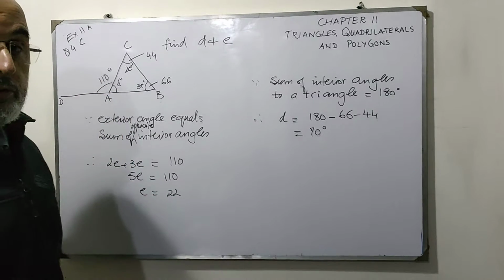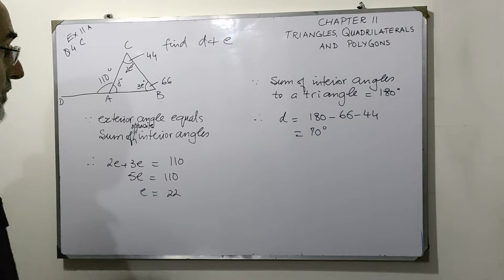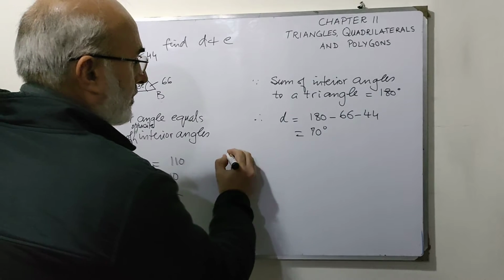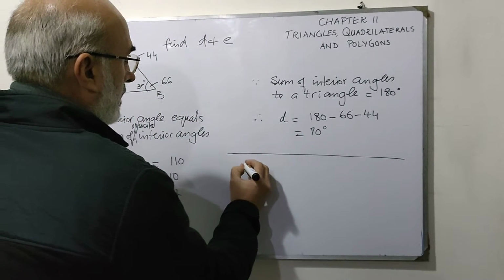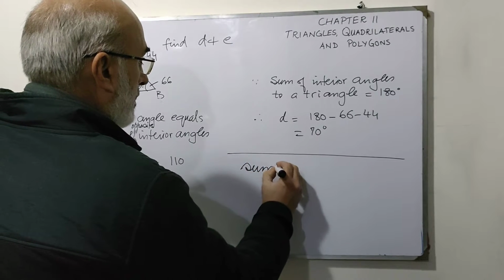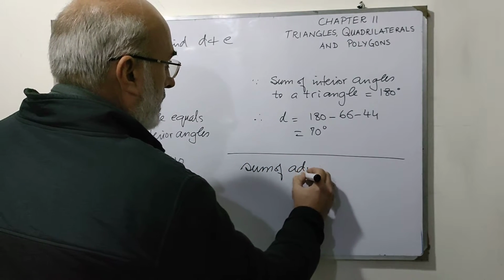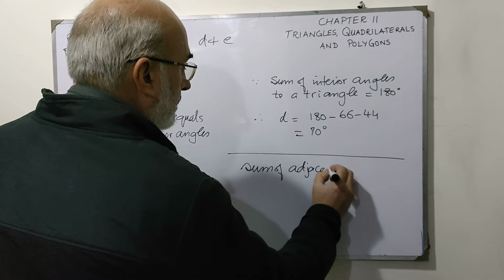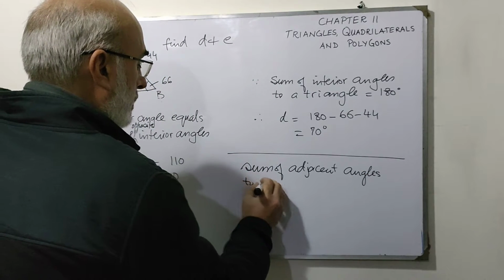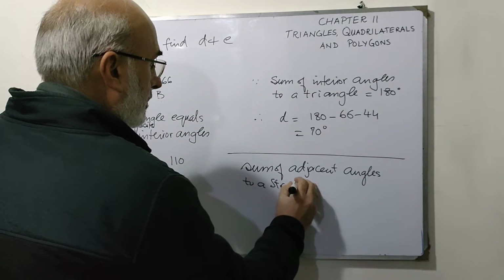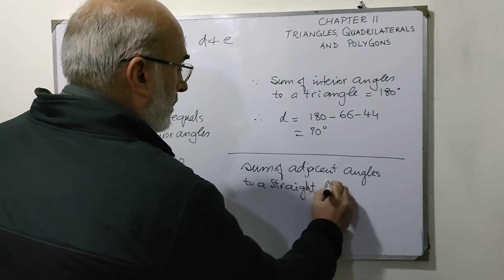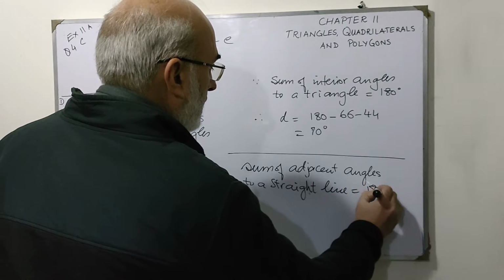We also know that there is another way of finding the value of D. These two angles are adjacent angles, and sum of adjacent angles on a straight line equals 180 degree.